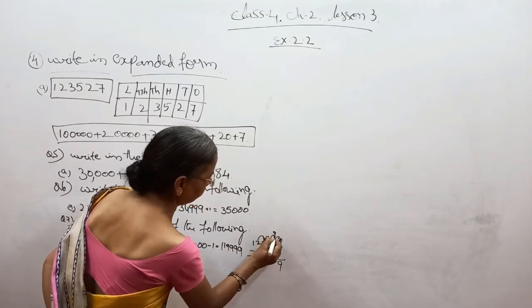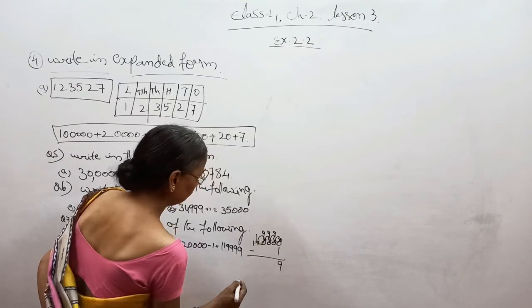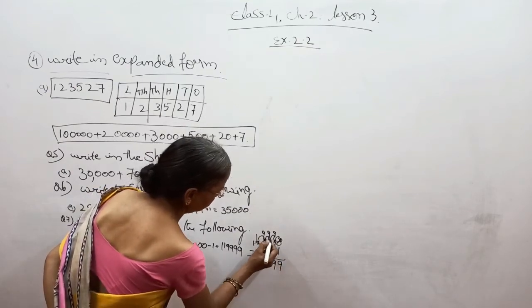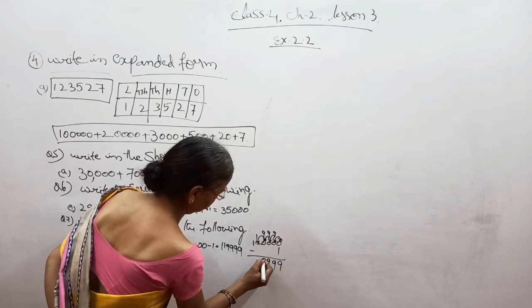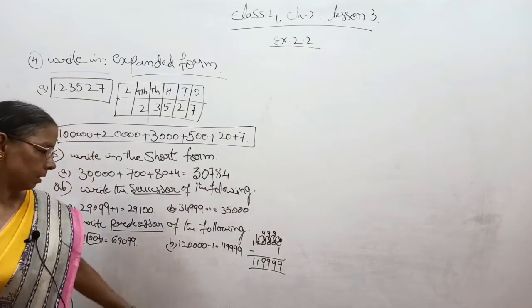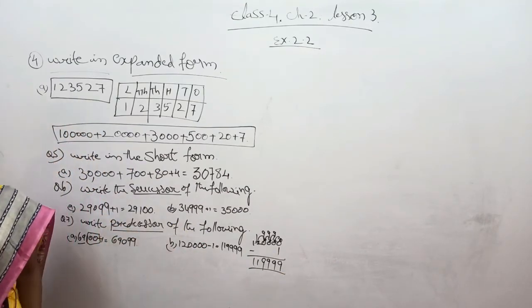Here we get 9, here again 9, here again 9, here it is 1. Like this we can find the predecessor of the following numbers.